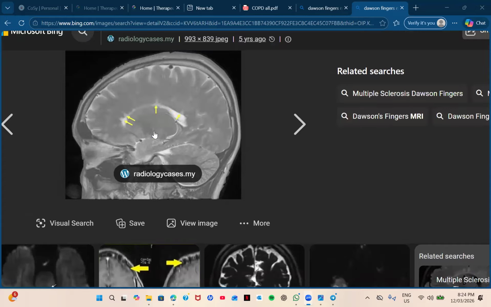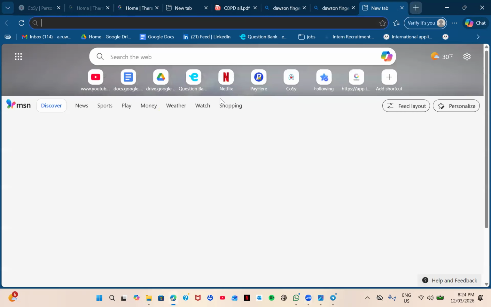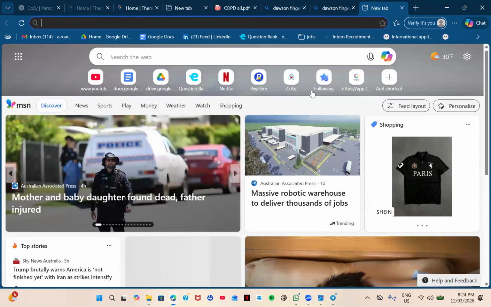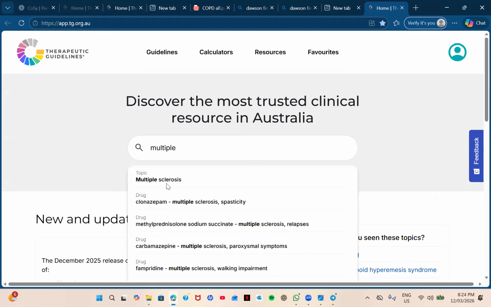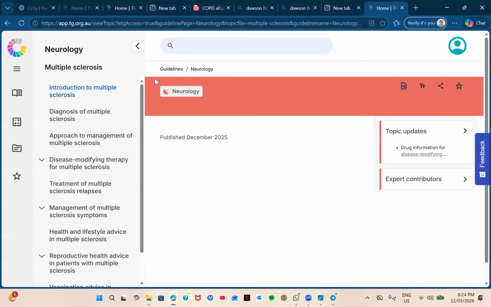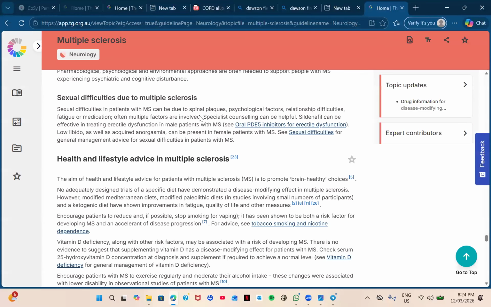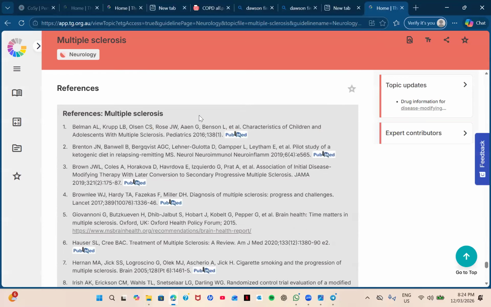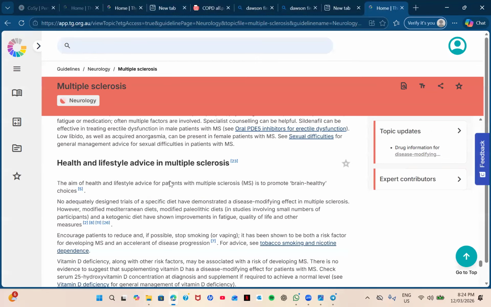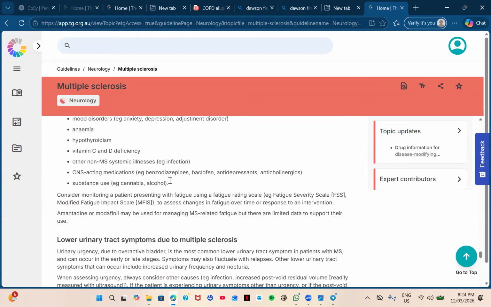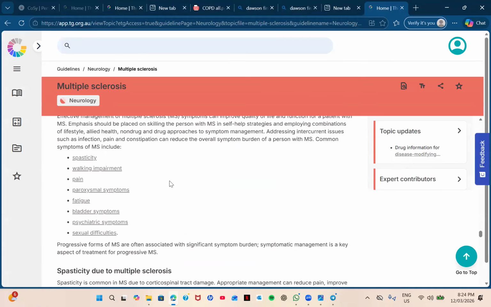So here, Dawson's fingers, right? Please remember these things, okay? And I'll show the therapeutic guideline after that. This is a very high yield one. Sometimes you may think about other investigations, they have given other investigations, but MRI is the best. Okay, 1 minute, I'll show it from here.